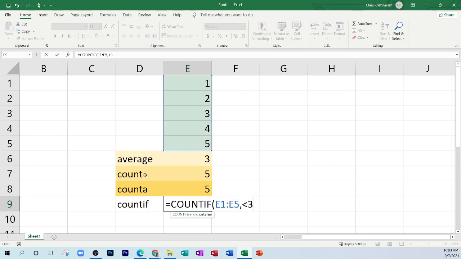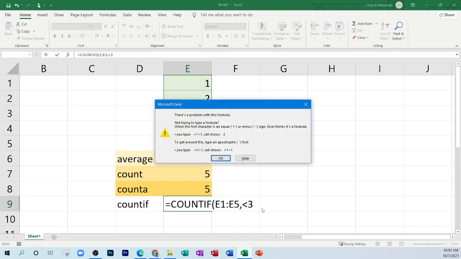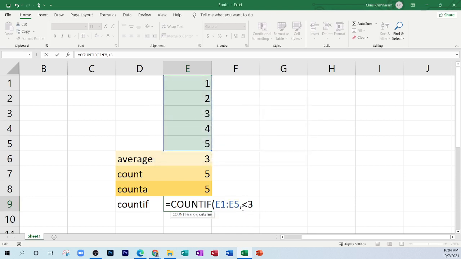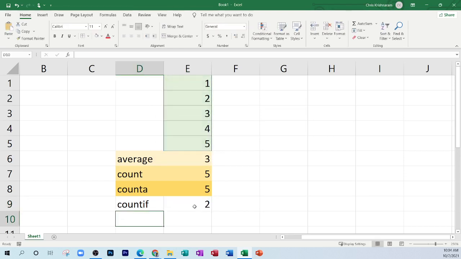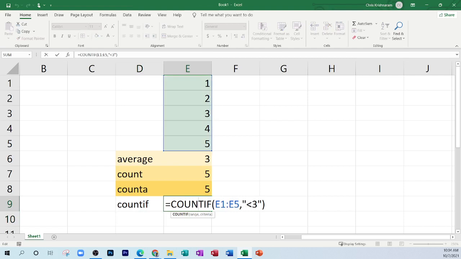It is counting the values, but we're giving it a criteria. It's only going to count if the values are less than 3. Now if we do not put quotation marks, we will get this error here. So we need to put in our double quotation marks, and we will get our complete function.